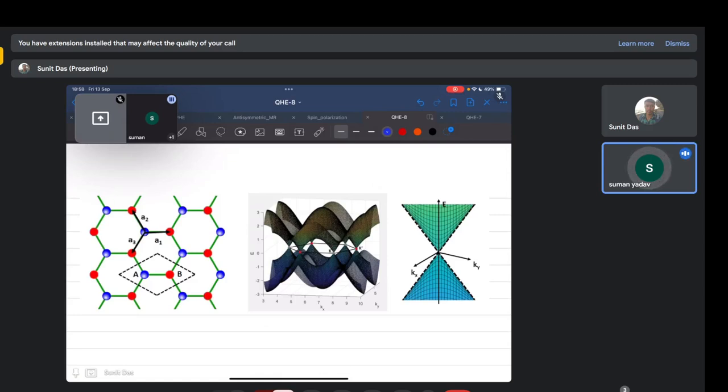Sir, I'm interested in topological insulators and also semi-metals. Sir, I want to know, in some literature I have seen that they get the band structure of the bulk, and by applying spin orbit coupling we can create a Chern number.